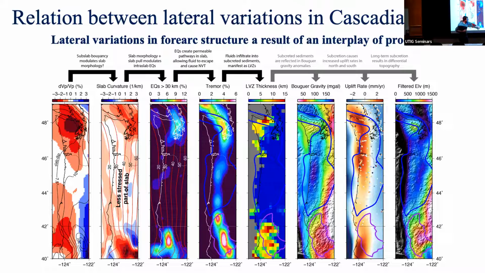So you have a higher flux of fluids that leads to more fluid near the plate interface. And that leads to higher amounts of basal accretion in the areas where we have these high distributions of non-volcanic tremor. So one potential explanation is that this low amount of tremor in central Cascadia is long-lived.